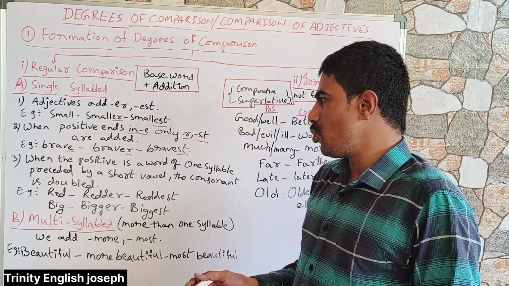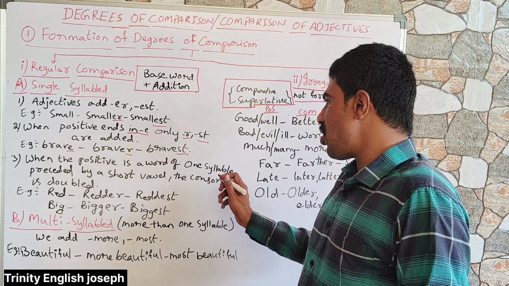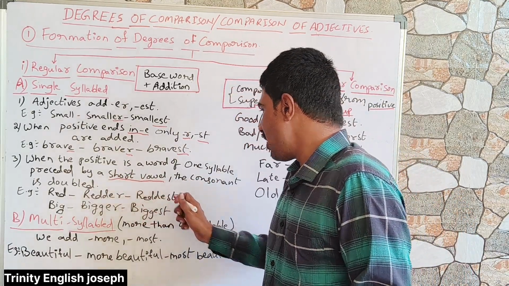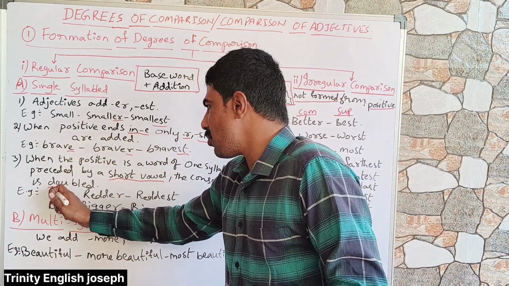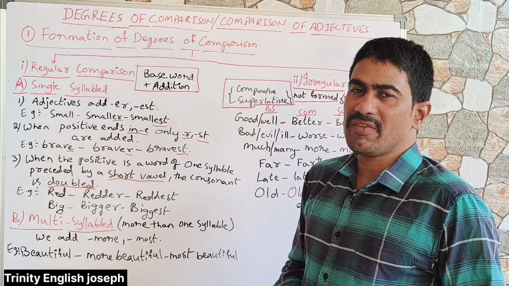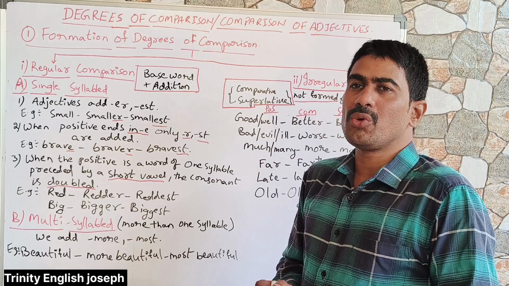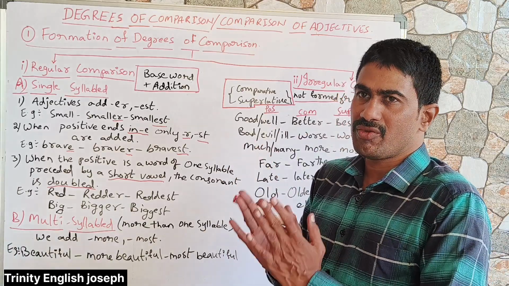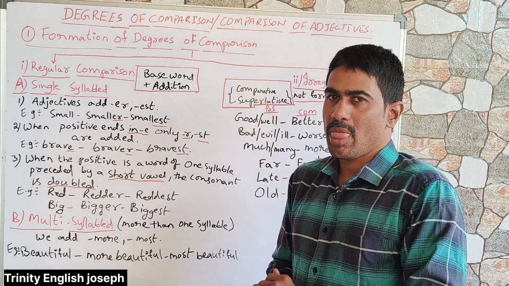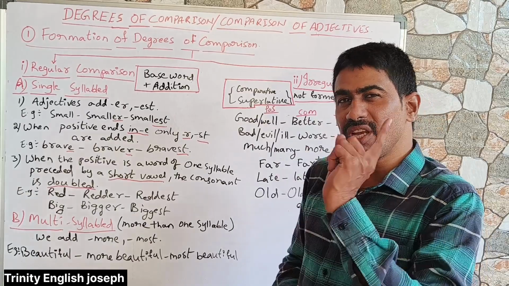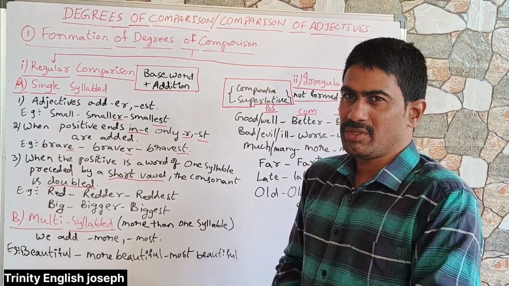Coming to the third rule, when the positive is a word of one syllable preceded by a short vowel, the consonant is doubled. Not only in adjectives, even in other words, including nouns and verbs, if any single syllable word is ending with a single consonant preceded by a single vowel, we have to remember this.